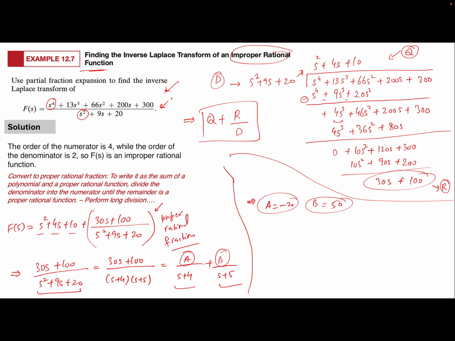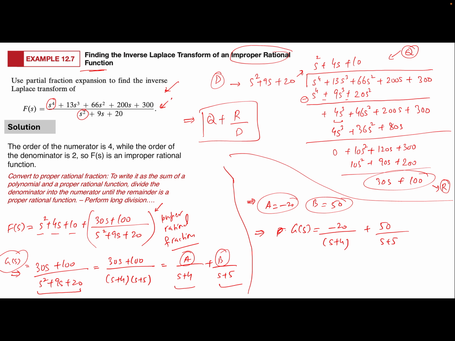Let me call this bracket term g of s. Let me rewrite g of s as minus 20 over s + 4 plus 50 over s + 5. Now I'm going to rewrite the whole f of s.